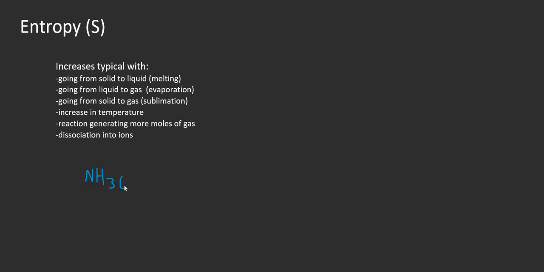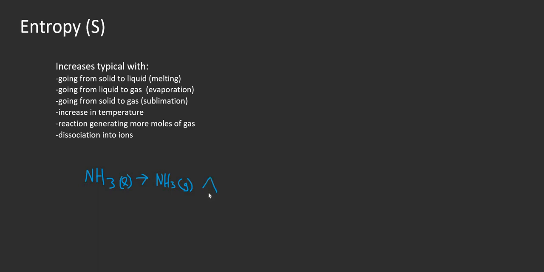Let's say we have liquid ammonia going to gaseous ammonia. It's evaporating and forming vapor. We can predict that this is going to have an increased entropy.